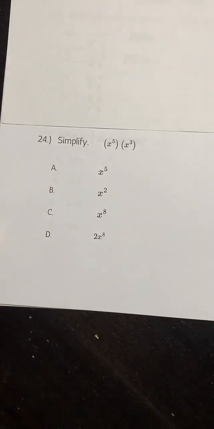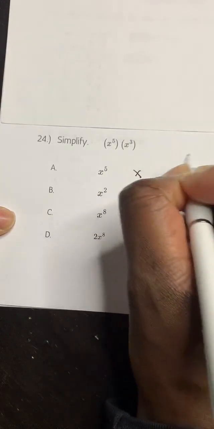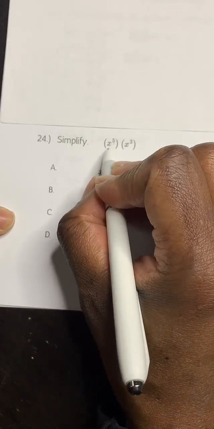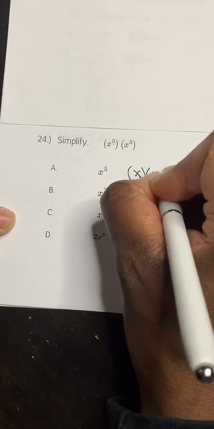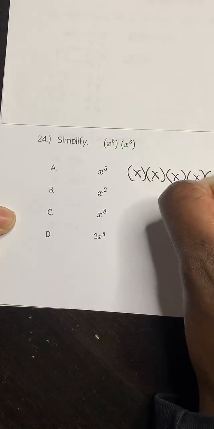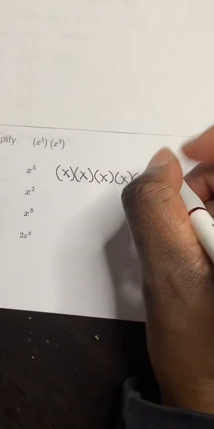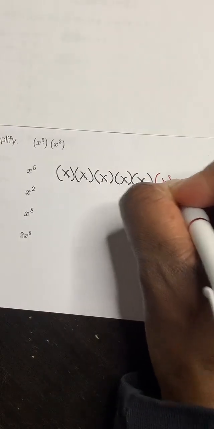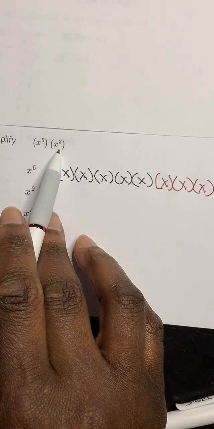What do we do? All right, so let's think of it this way. I'm going to make it nice and long. Your exponent is telling you how many times you're going to multiply that base. So we're multiplying this base of x 5 times, right? Then we're going to multiply it with an additional 3.